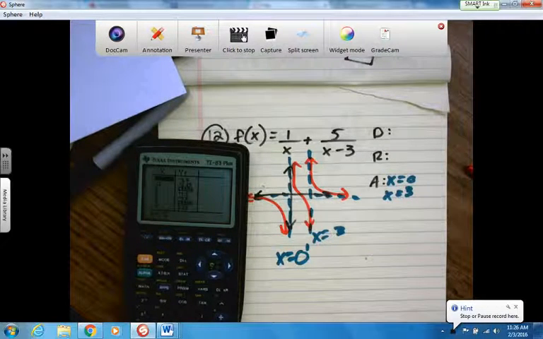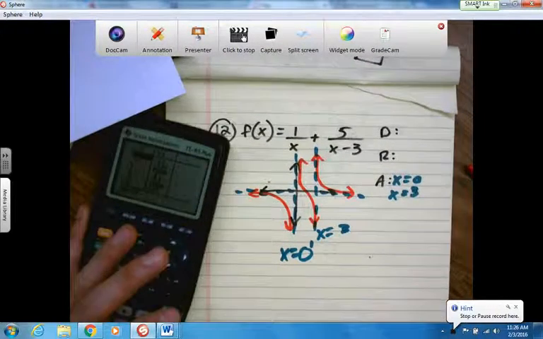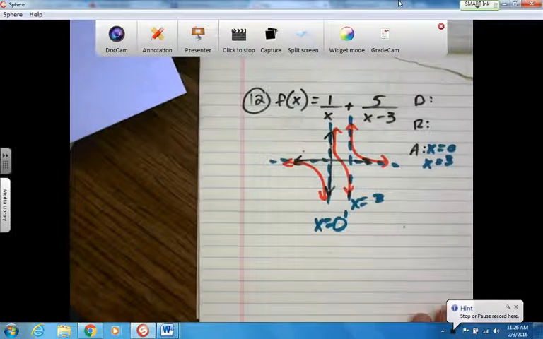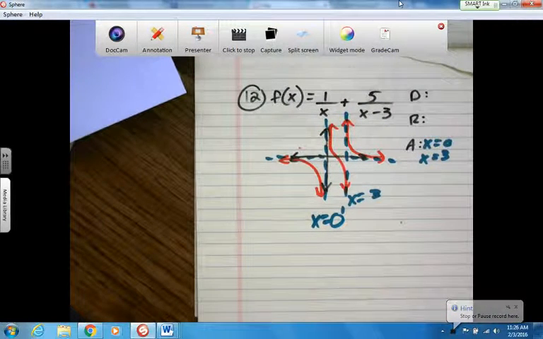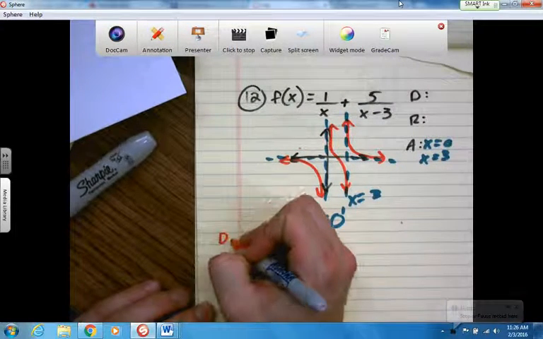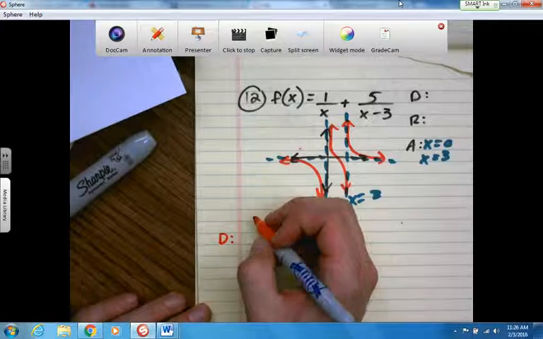So Summer, go for it. What's my domain in this case? Okay. Domain deals with the x's.